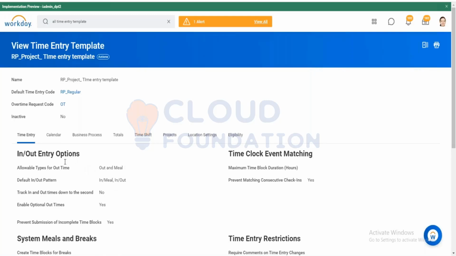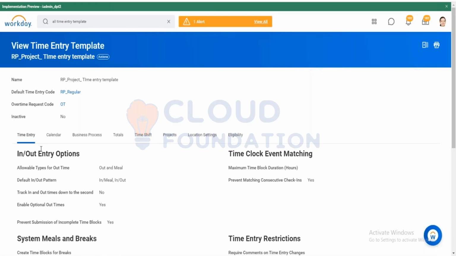Okay. Now, moving forward, I forgot to ask: if you want to use work tags while entering the time, what are the necessary steps you need to keep in mind? Well, we need to add it in both places. In the time entry code there is a place where we can add the work tag, and we also need to make sure we are adding it in the time entry template as well.